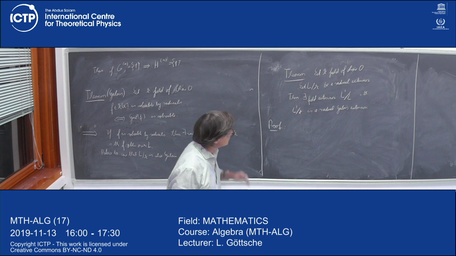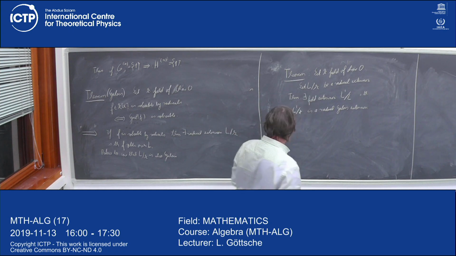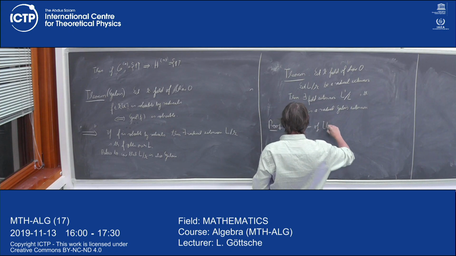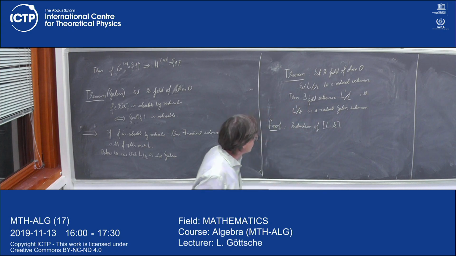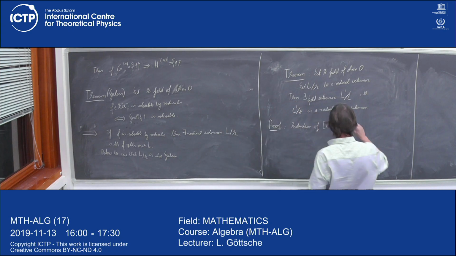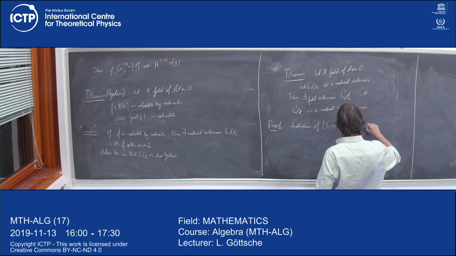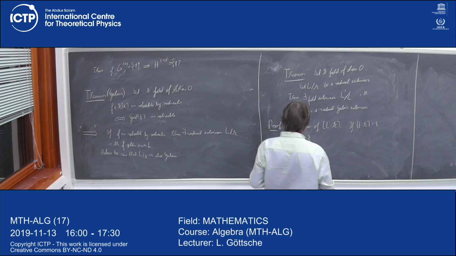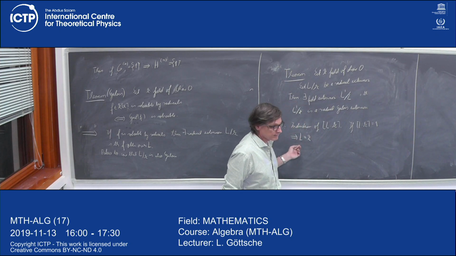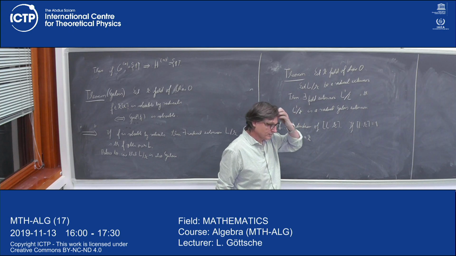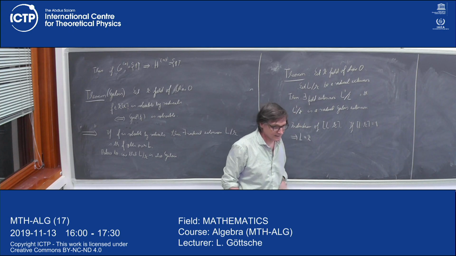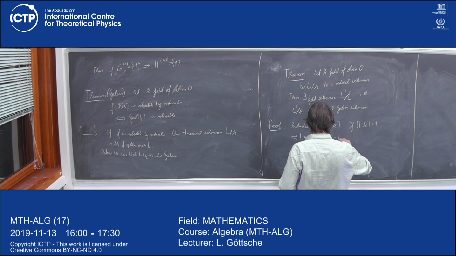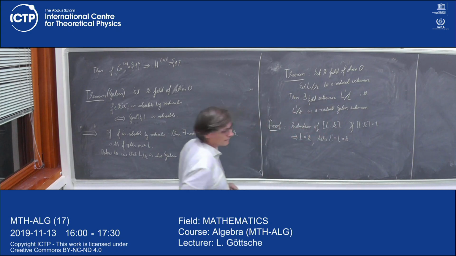We will make an induction over the degree of L over K. So, if the degree is 1, then it follows that L is equal to K, and F already splits over K, and obviously K over K is a radical extension, and we can take L prime equal to L equal to K. Okay, so there's nothing to do.